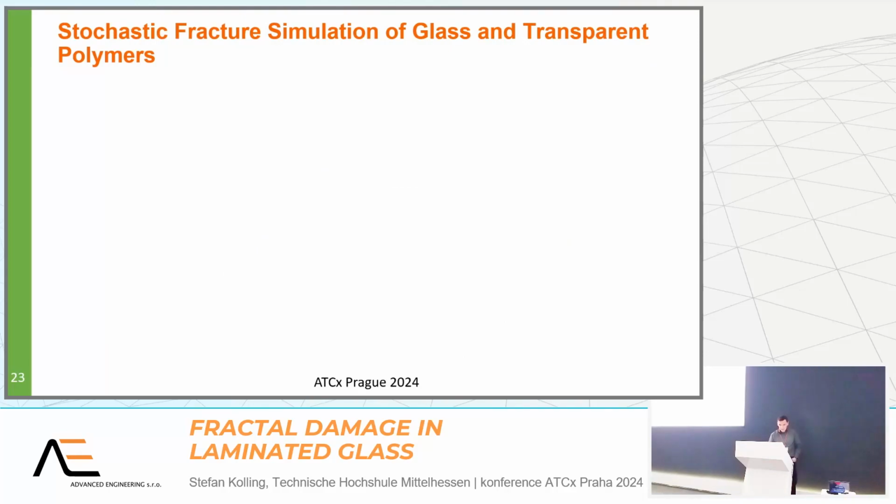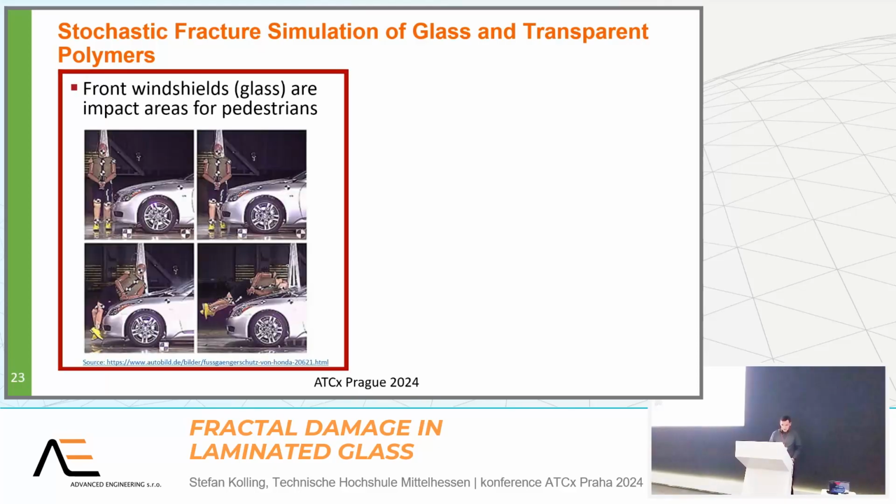Again, some stochastic fracture simulation of glass and transparent polymers. Here, what happens when a car hits a pedestrian?